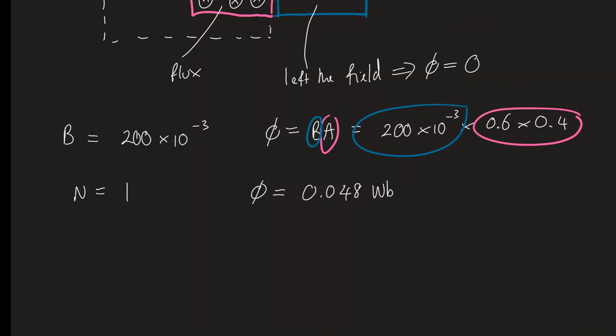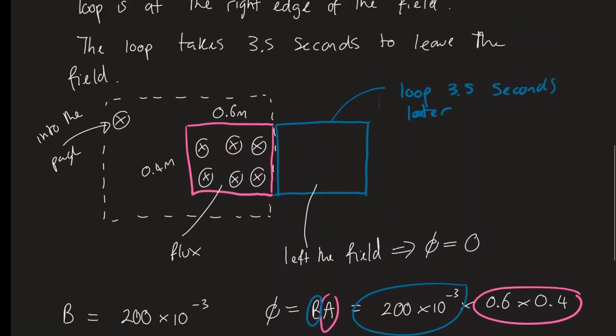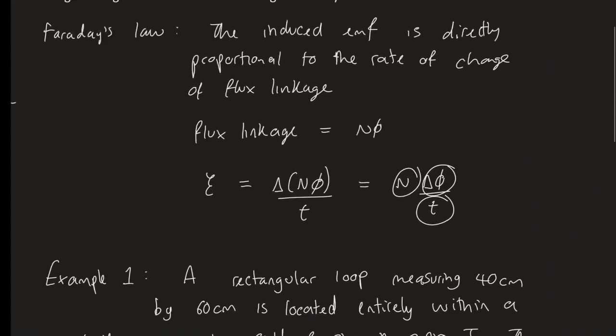Now, we know that this has got something to do with Faraday's law at a glance, or even something to do with induction, because the flux changes, and we've said repeatedly throughout this series, if the flux or the amount of field through a loop changes, then there must be an induced EMF. We've shown that. But Faraday's law is a bit more specific.